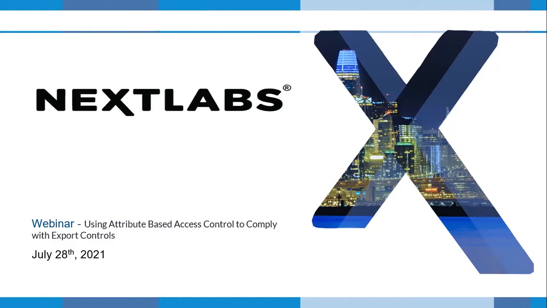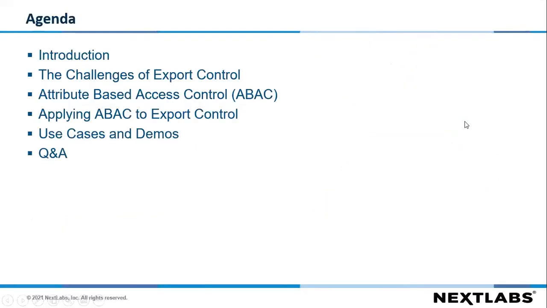Okay, so today we are going to cover several areas of attribute-based access control. First, we'll talk about the challenges of electronic export controls and enforcing export controls. Second, we're going to talk about what exactly is attribute-based access control, or as it's referred to most commonly, ABAC, A-B-A-C.